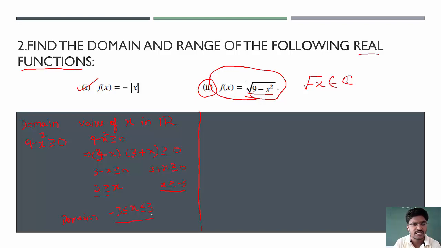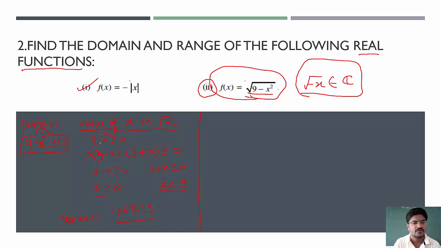Why does the domain become like this? Because of just one reason: the value of x is in real numbers. That means 9 minus x square should always be greater than or equal to 0, because if it becomes lesser than 0, it will belong to complex numbers. This restricts us to 9 minus x square greater than or equal to 0.